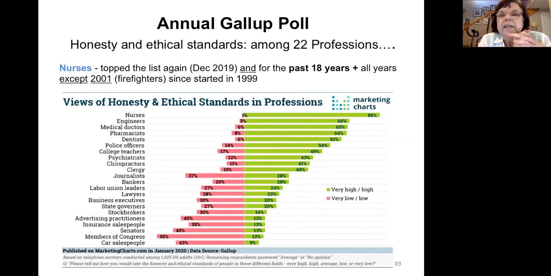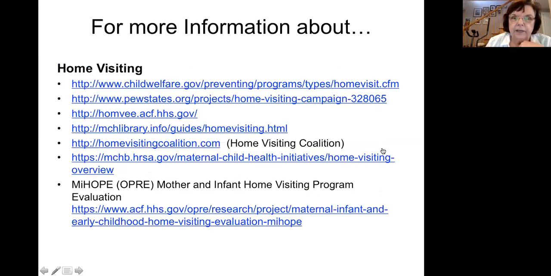As you see, at 85%, doctors, our next medical providers, are down at 65%. That's a wide gap, a 20% difference in most trusted. So we have a good record for that, and so they're very welcomed often in homes.